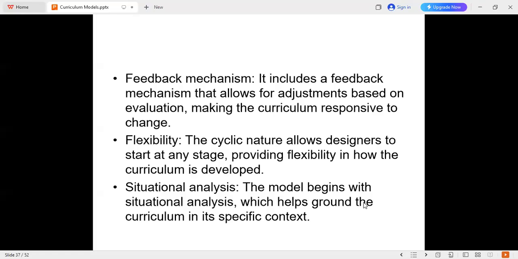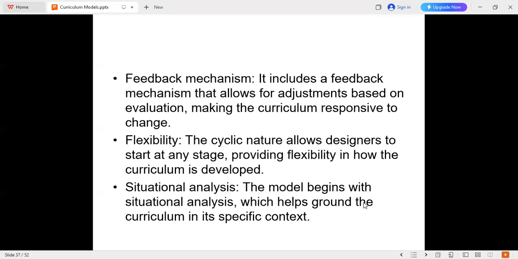According to the two previous models, they have to start from the first stage. Curriculum developers can't start from the other stages.